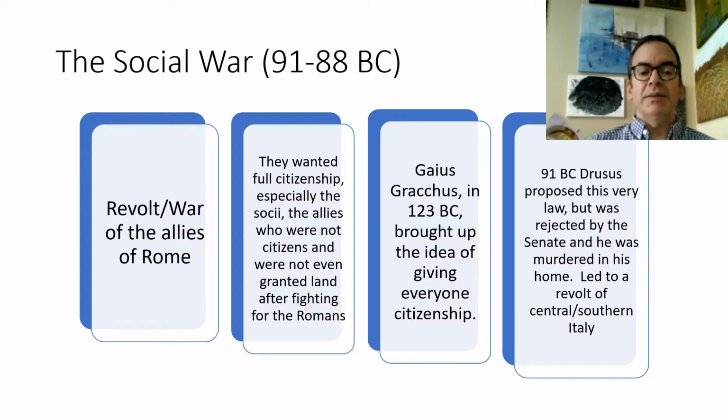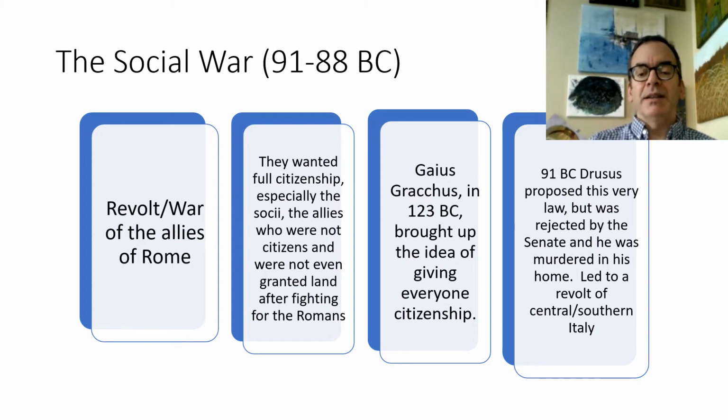This was rejected by the Senate, mostly because their idea is that they are a small group of wealthy men. If they include the entire Italian peninsula in the Senate, then their power will be greatly reduced because other people would need to join the Senate, and it's not them.